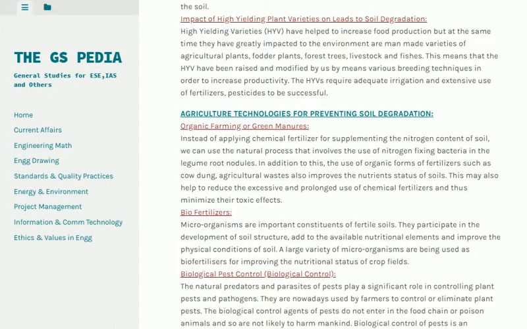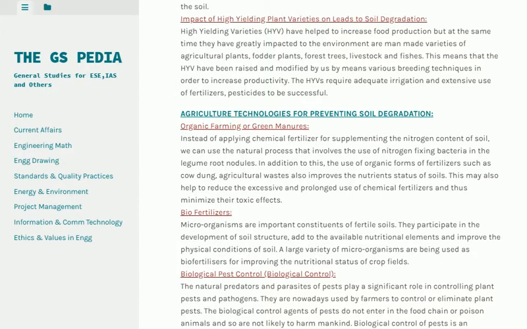This means that they have been raised and modified by us by means of various breeding techniques in order to increase productivity. The HYVs require adequate irrigation and extensive use of fertilizers and pesticides to be successful.